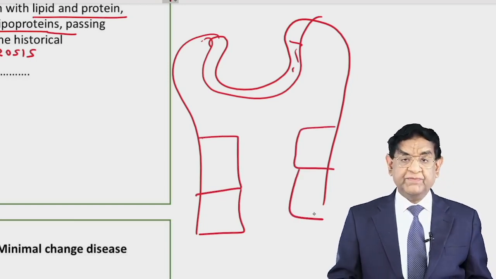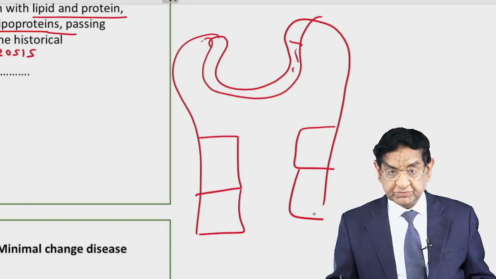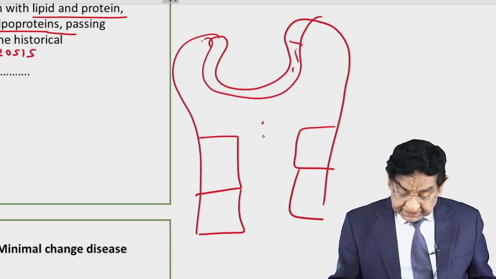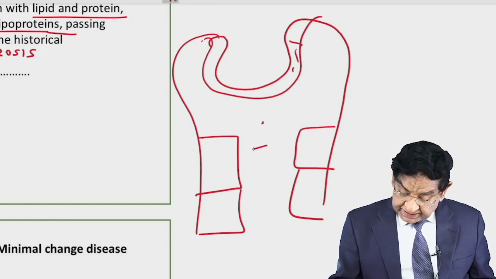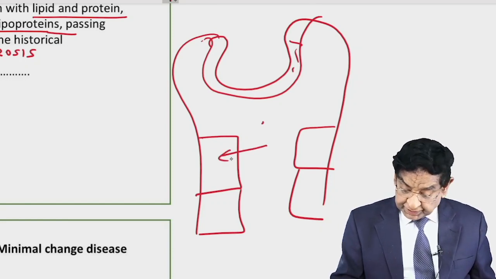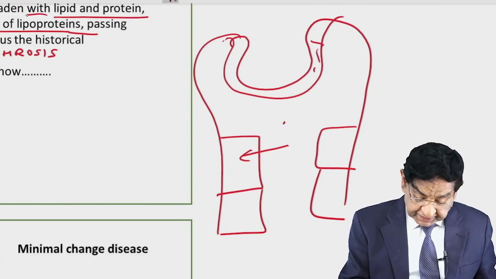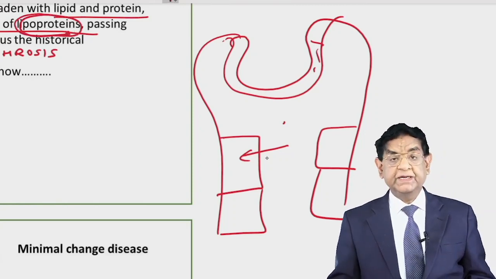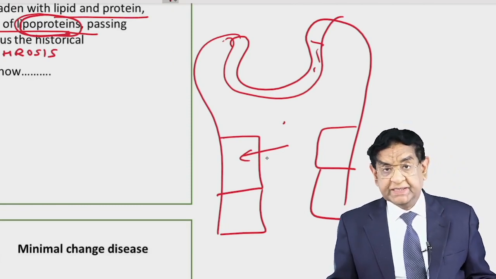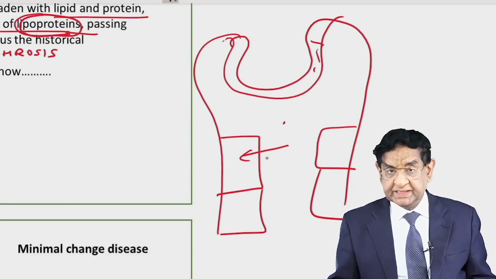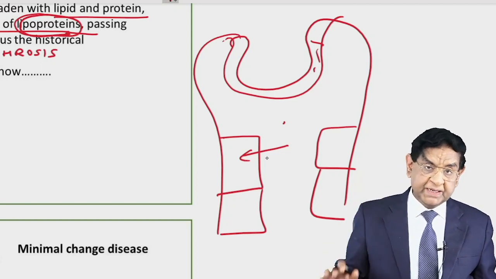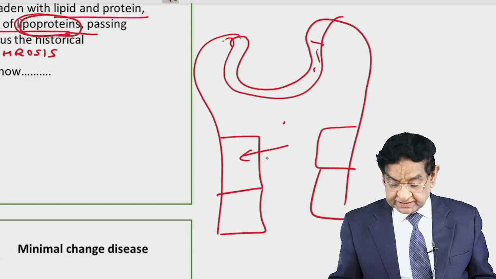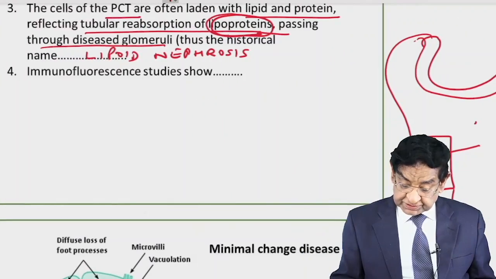We all know very well that proteins are filtered into the urine in nephrotic syndrome, and these cells try to reabsorb lipoproteins, which I'm mentioning here. These lipoproteins are reabsorbed, and ultimately they get accumulated in the cells of the PCT. That means lipoproteins will be there, fat globules will be there. That's why we call it lipoid nephrosis.